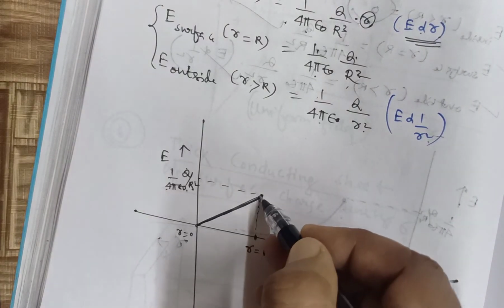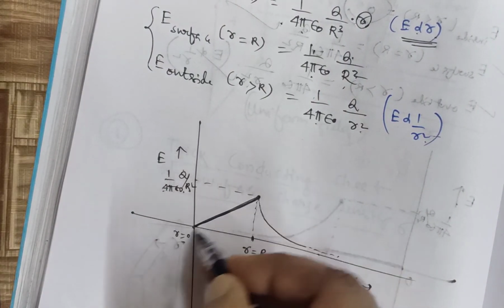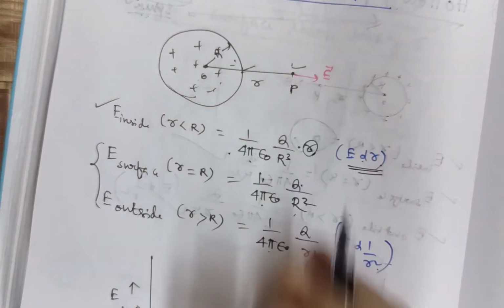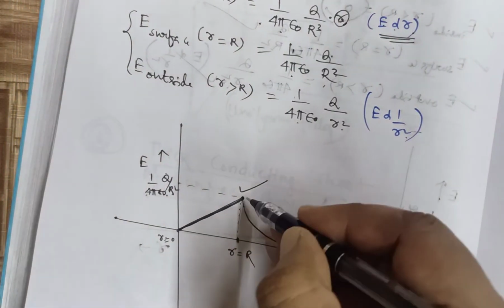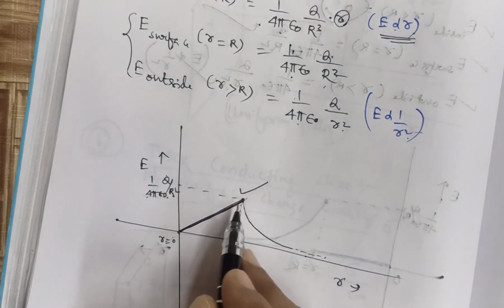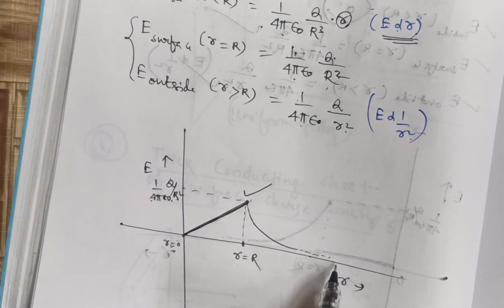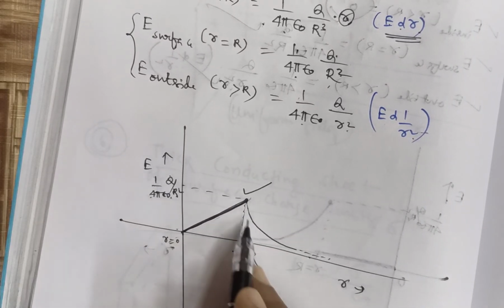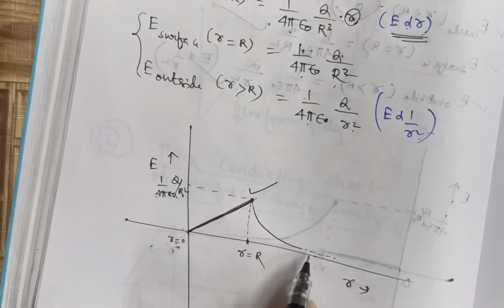If you go to depth, toward the center, it also decreases. On the surface maximum. Here also on the surface intensity is maximum. If you go inside it decreases. If you go outside it decreases. At the center it is 0. And the inside graph is linear in nature and the outside graph is non-linear in nature.